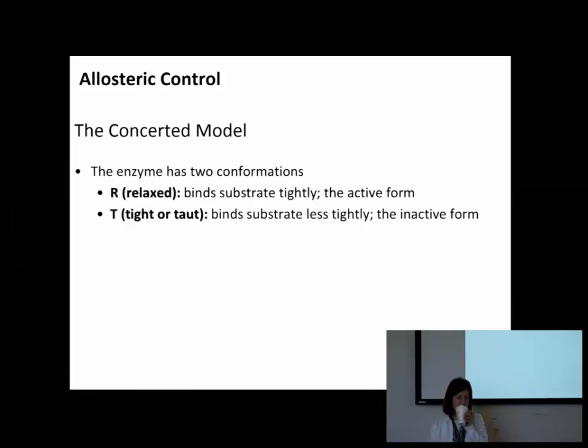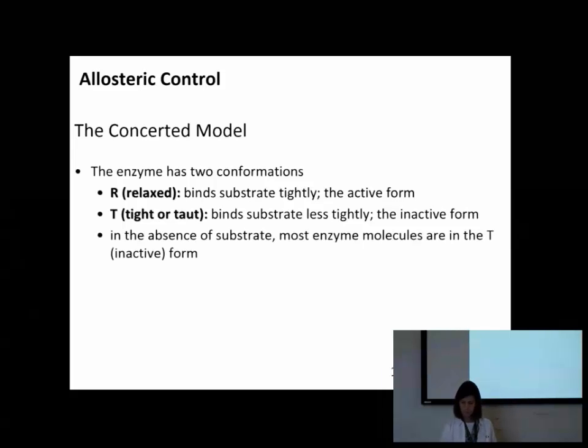And we have two models, the concerted and sequential models. The concerted model says that there's an equilibrium between these two forms. But at the beginning, almost all of our enzyme molecules are in this hard binding, inactive, tight or taut form.